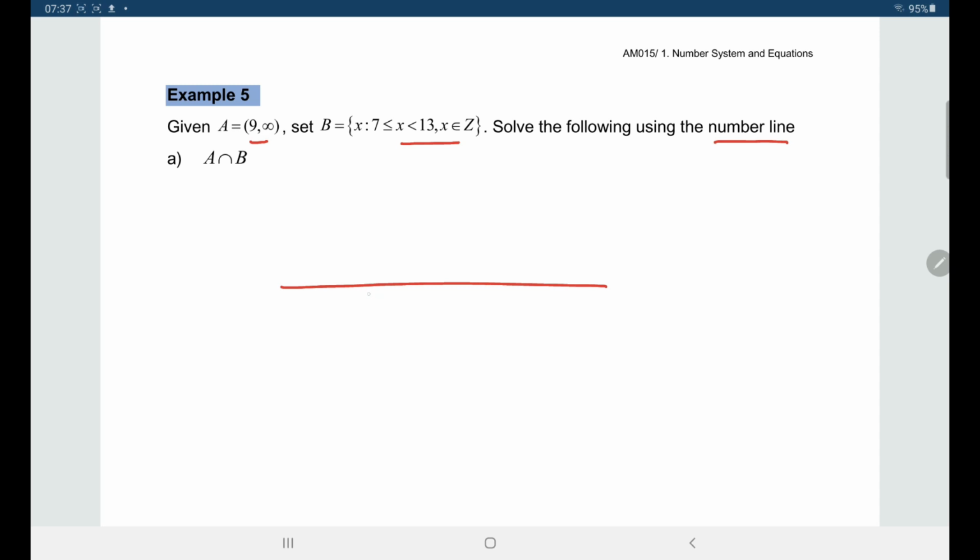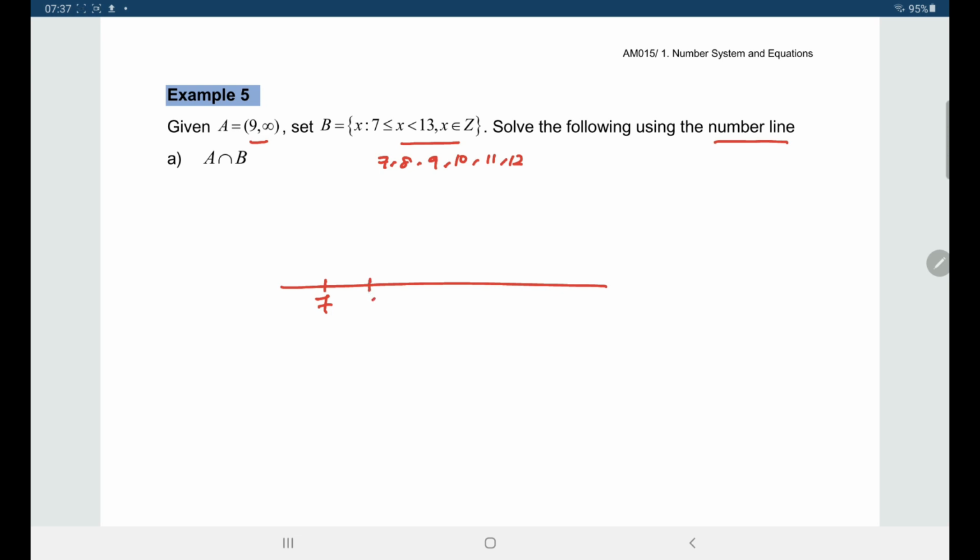Mark the number line using the end values of the intervals according to their values. From A and set B, the smaller value to higher value are 7, 8, 9, 10, 11, 12 and infinity. Mark the value on the number line.